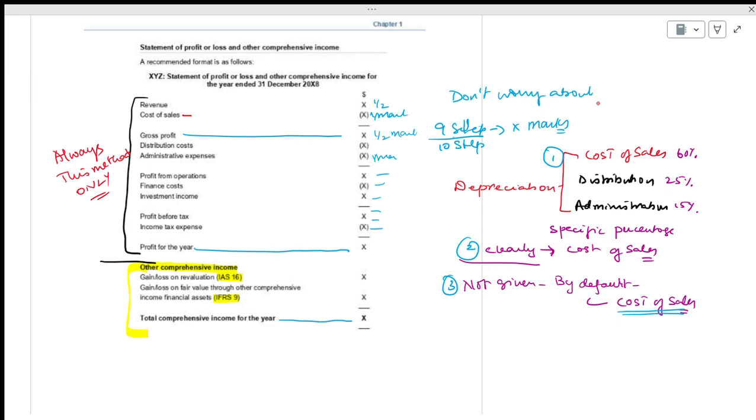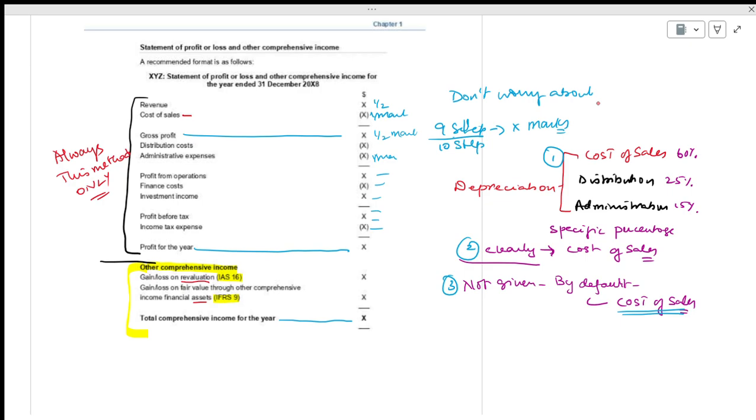Once we pay tax, then it is profit for the year. Then we will say OCI, other comprehensive income. In comprehensive income, if there is any revaluation, we will add revaluation. If there is any income on assets, we will add or deduct. Other comprehensive income. Are you clear about this?